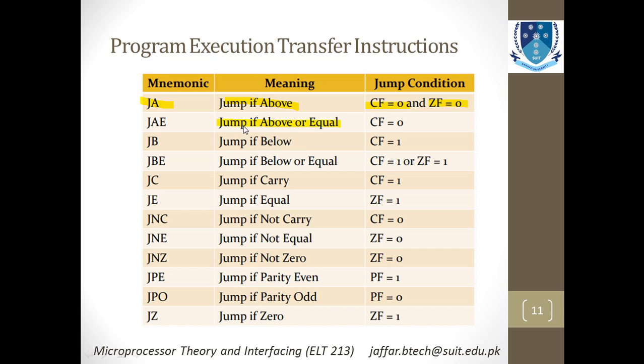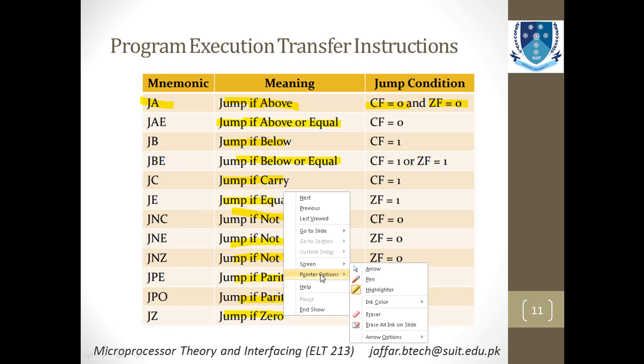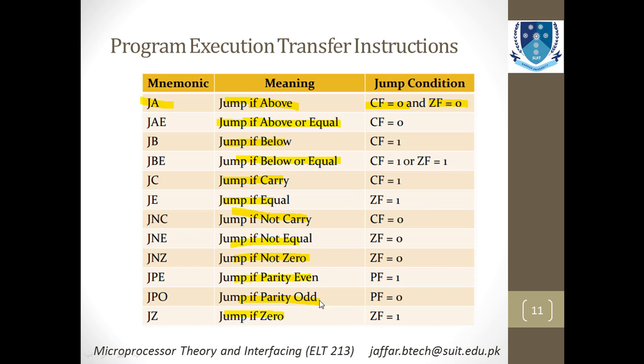You see that these are basically conditional commands: jump if above, jump if above or equal, jump if below or equal, jump if carry, jump if equal, jump if not carry, jump if not equal, jump if not 0, jump if parity even, jump if parity, or jump if 0.